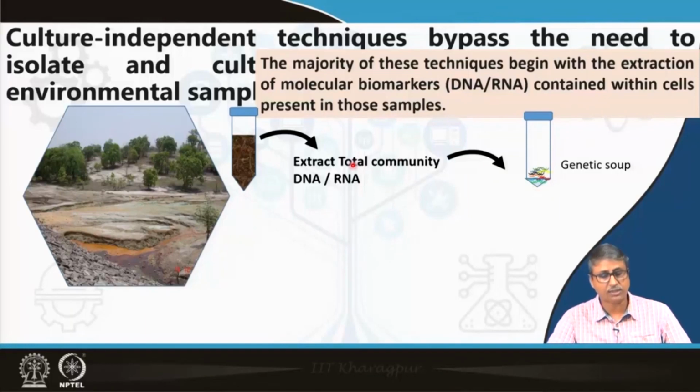For that we need to consult the literature and see what modifications are to be incorporated. Now, after this extraction, what exactly do we obtain? What we get is a mixture of all the DNA, mostly genomic DNA, and along with that the plasmid DNA will also be there.